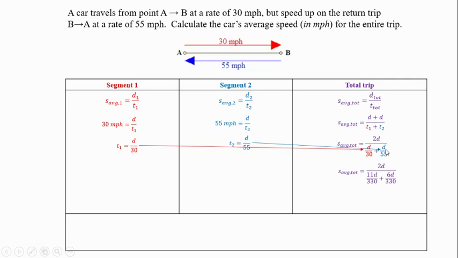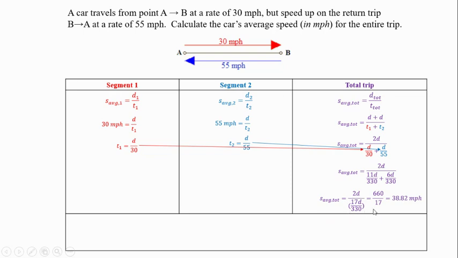And then you can multiply the numerator for the right fraction by 6. So that'll be 6D in the numerator, and then 6 times 55 is 330. Now we have a common denominator for the bottom fractions. Therefore, we can just combine the numerators. So 11D plus 6D, that'll just be 17D, and then put that over the common denominator, which is just 330, which is what I've done here.